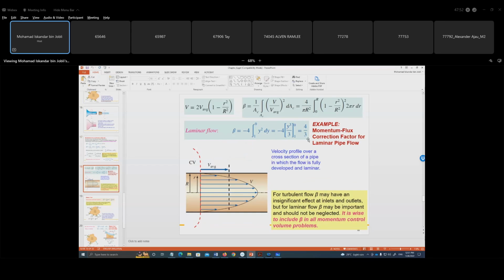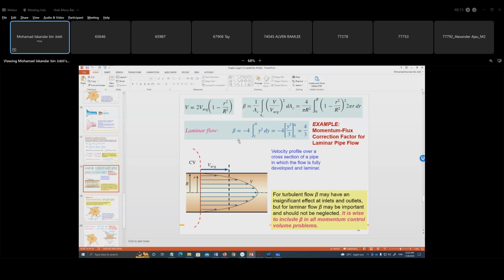So this is an example for laminar flow. This is the correction factor. How do you find the correction factor for laminar flow? This is the velocity profile for laminar flow. The value for the correction factor is not the same as 1.